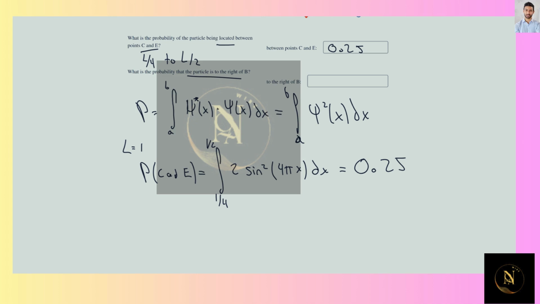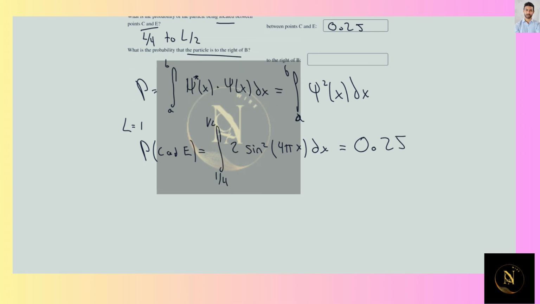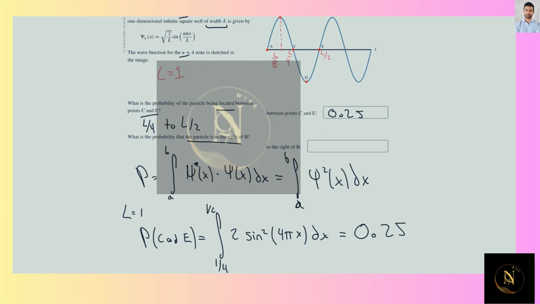Similarly, for finding the particle to the right of B, remembering that B is at L over 8, the limits of integration should be from L over 8 all the way to L to encompass the whole region towards the right.